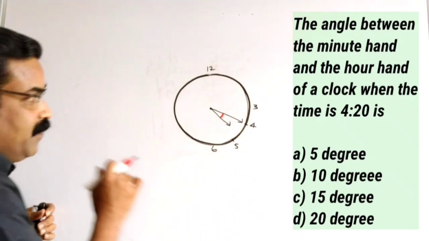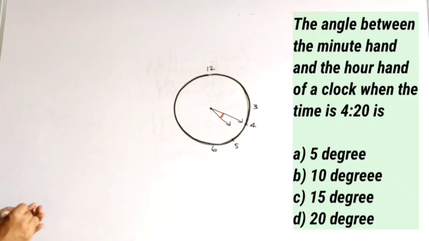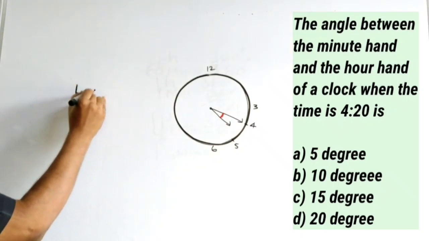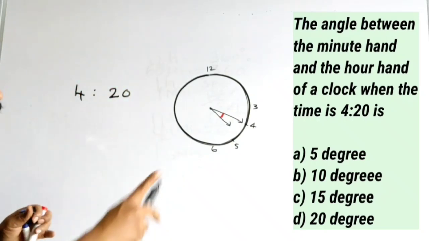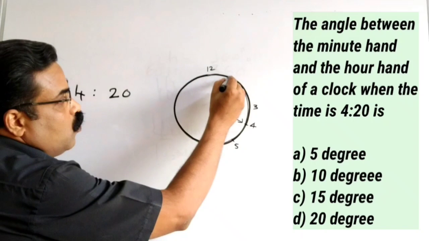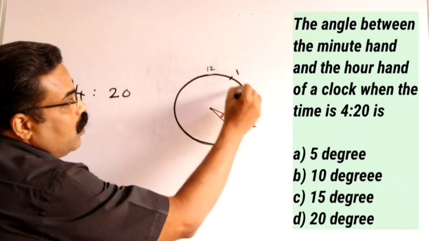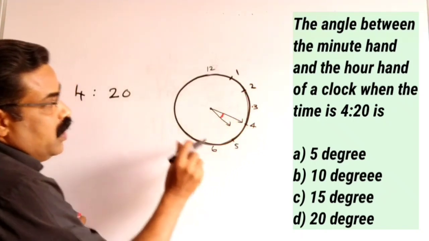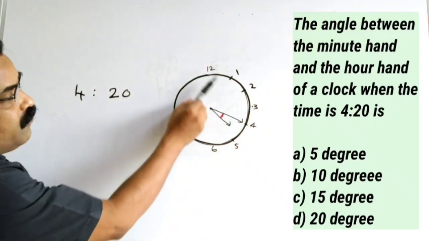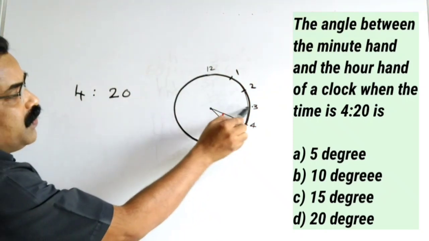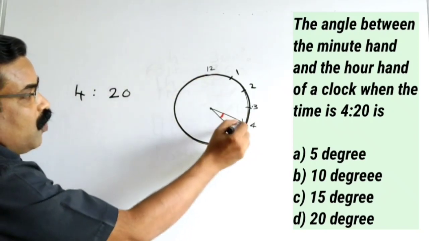So here you can see 4:20 is the time. Understand the concept very clearly, students. From here, this is 1, this is 2, 3, 4. So the minutes are 5, 10, 15 and 20. 20 minutes, and 4:20 is the time.